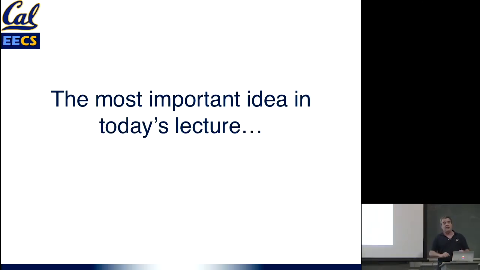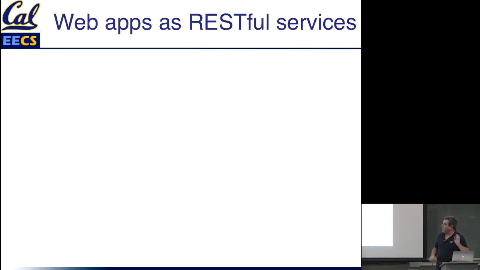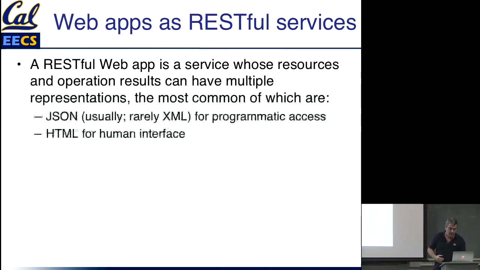So if you haven't been paying attention up till now, this is the kind of slide that is designed to cue you that it would be a great time to pay attention. The most important idea, in my opinion, about this material is that when you're thinking about designing what we would call a web app, a thing that a human being would interact with through a browser, think of it as a service whose resources and operations are RESTful.